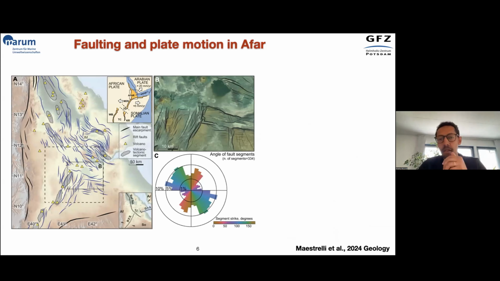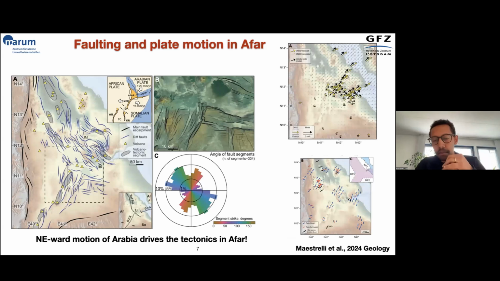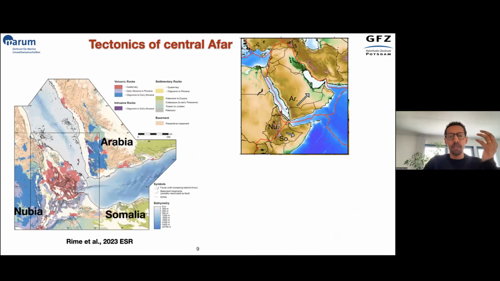And this is very well captured by numerical and analog modeling studies and field observations. But when we zoom into the central Afar, it becomes a bit complicated because it's not just simple northwest-southeast oriented faults. Rather, we see block rotation, which complicates the whole scenario. And that's what I'm going to talk about in today's talk.